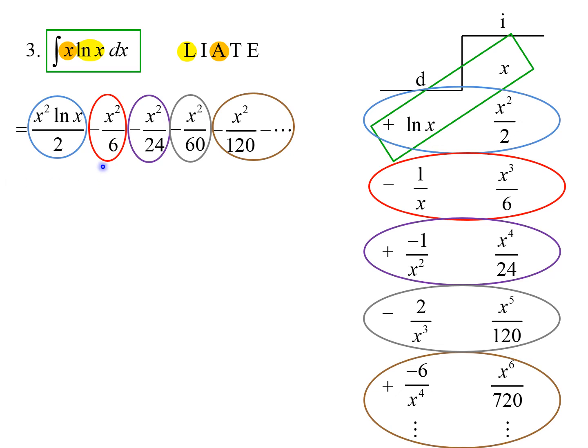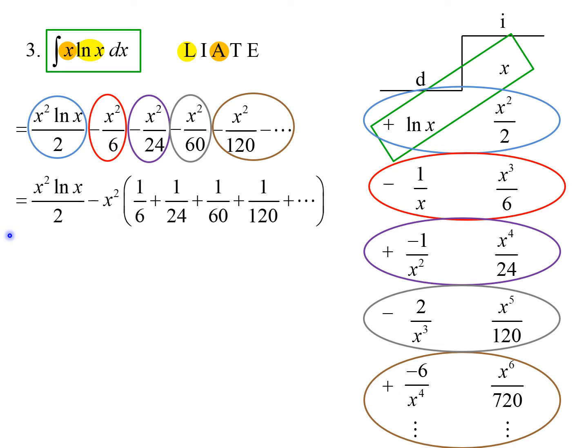I'm going to take all the terms except the first term, and I'm going to factor an x squared out of those. I could use the first term, but I just want to focus on those other terms. I'll factor out a negative x squared, and I have 1/6 plus 1 over 24 plus 1 over 60 plus 1 over 120 plus yada, yada, yada. Now, this is actually kind of sad because it's an infinite series.